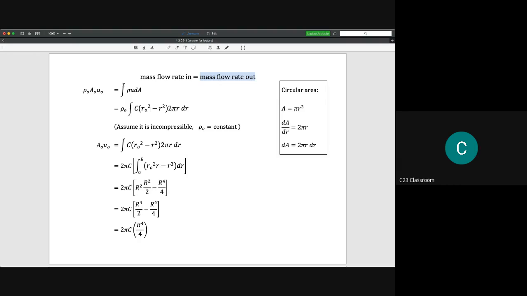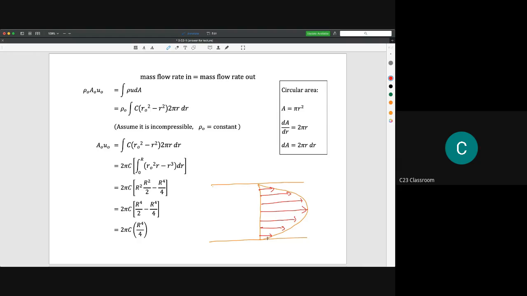And then the integration here is showing the, okay, so we have a pipe here, and then the velocity distribution will become like this. Because the velocity here is different, it becomes bigger and bigger, and it will have the highest velocity at the center line, and then it will reduce like this.